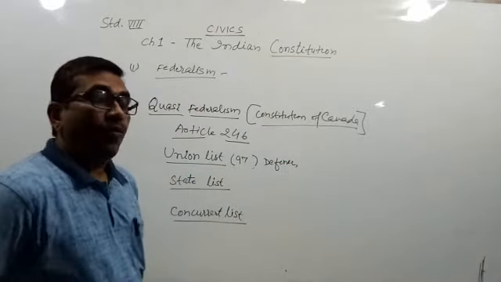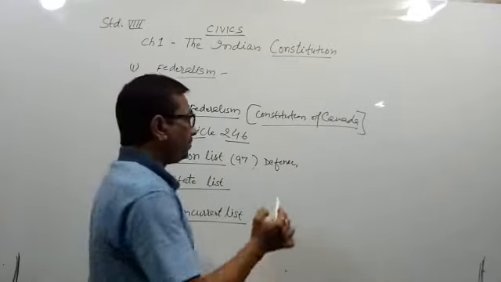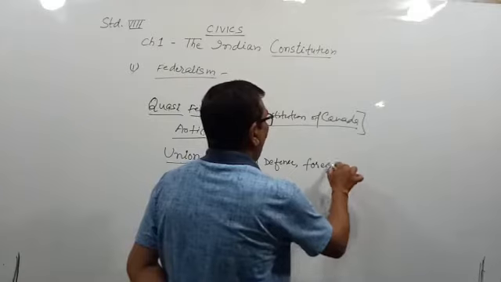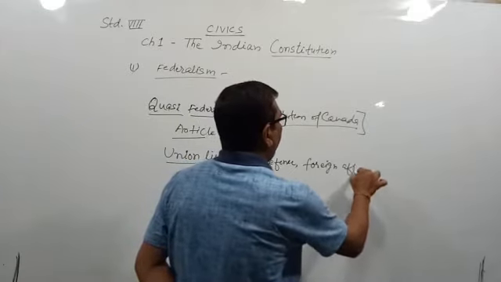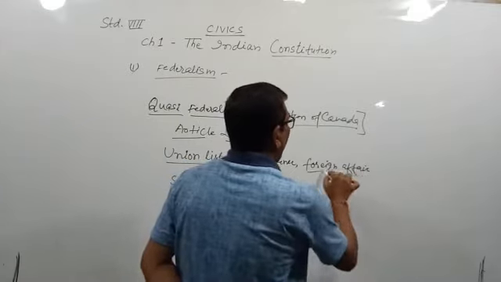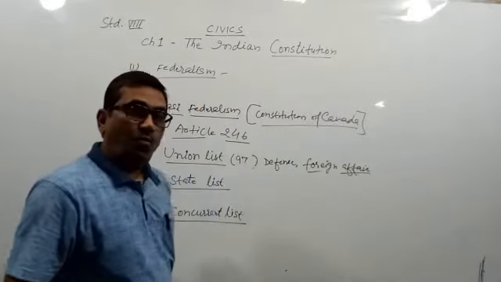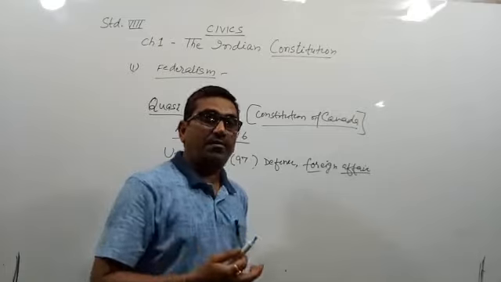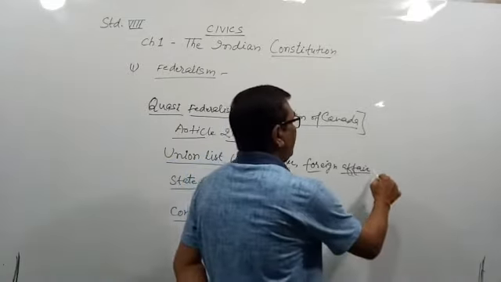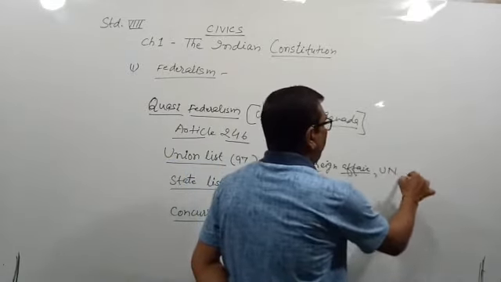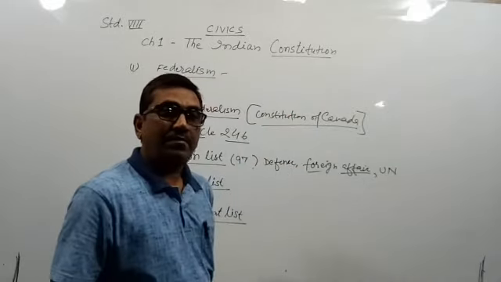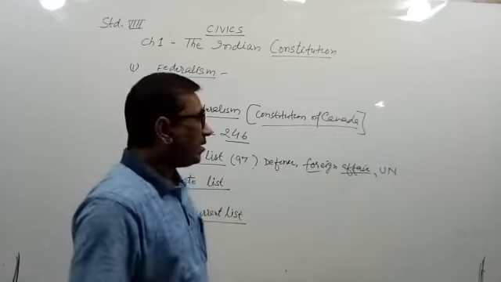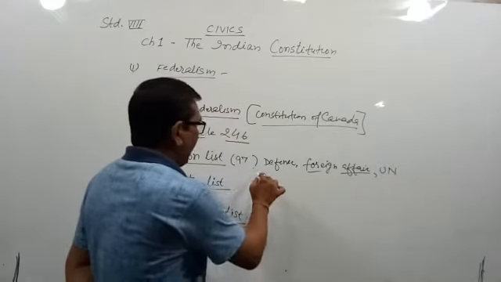Then we have foreign affairs, meaning foreign policy: what type of relations we have to keep with other countries. Then subjects related to the United Nations. Who will make the law? The central government will make the law. Then we have banking.